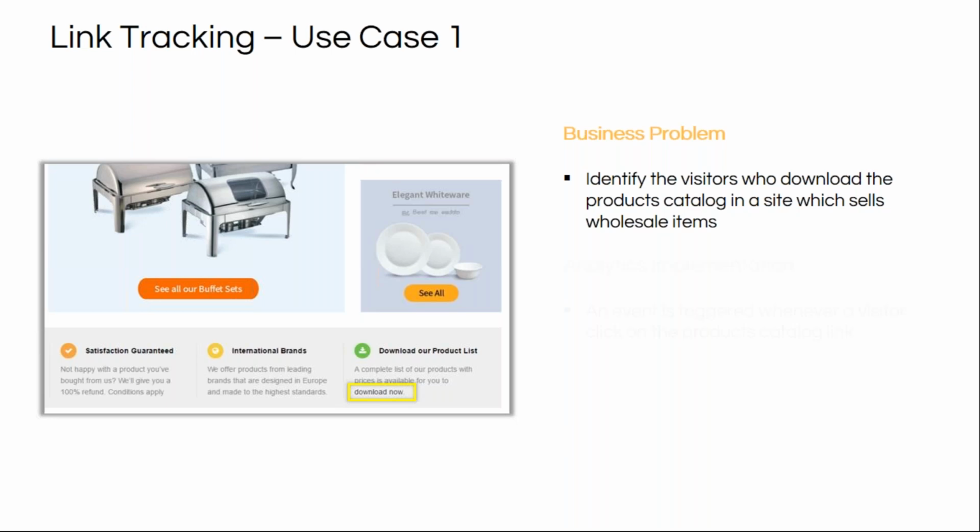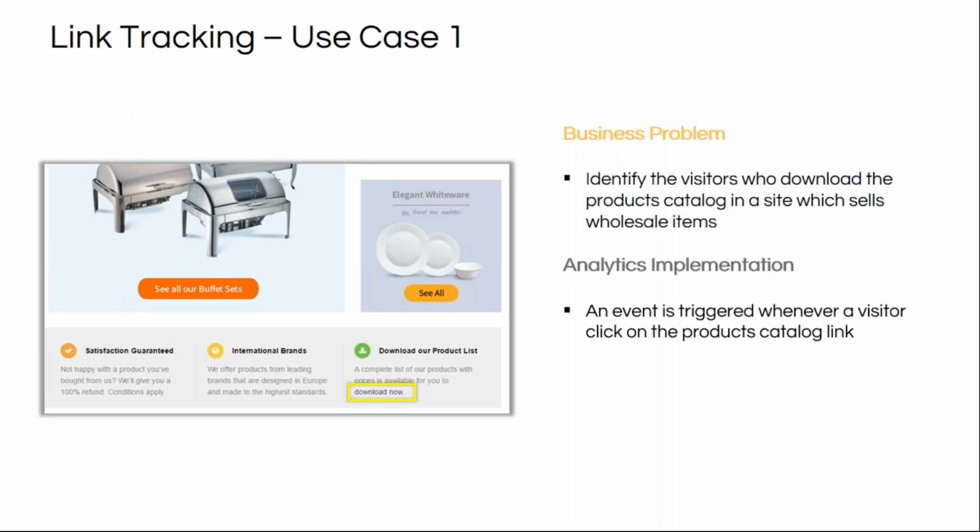We want to identify the users who are downloading this product catalog, because that segment represents a set of visitors that shows interest toward the products available on the site. So we track every click that happens on the download button, and as a result we can identify a segment that shows very high interest in this product.